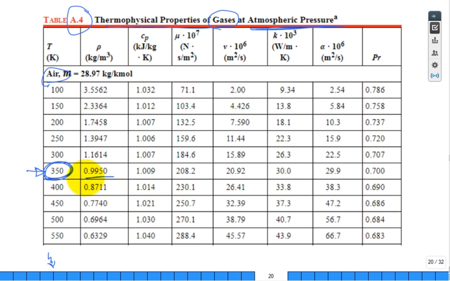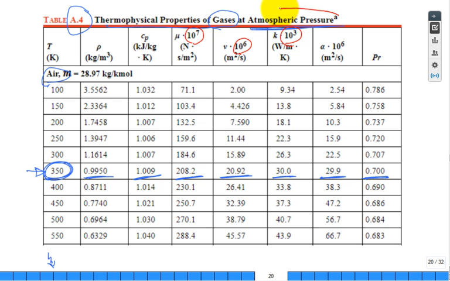And look, if you wanted to know the density, specific heat, viscosity, mu, this is also viscosity, but it's a kinematic viscosity, nu, or thermal conductivity, thermal diffusivity, or Prandtl number. There you go. How many people know how to handle this 10 to the 7, 10 to the 6, 10 to the 3? You've got to be careful on that, right? Don't forget the headers.